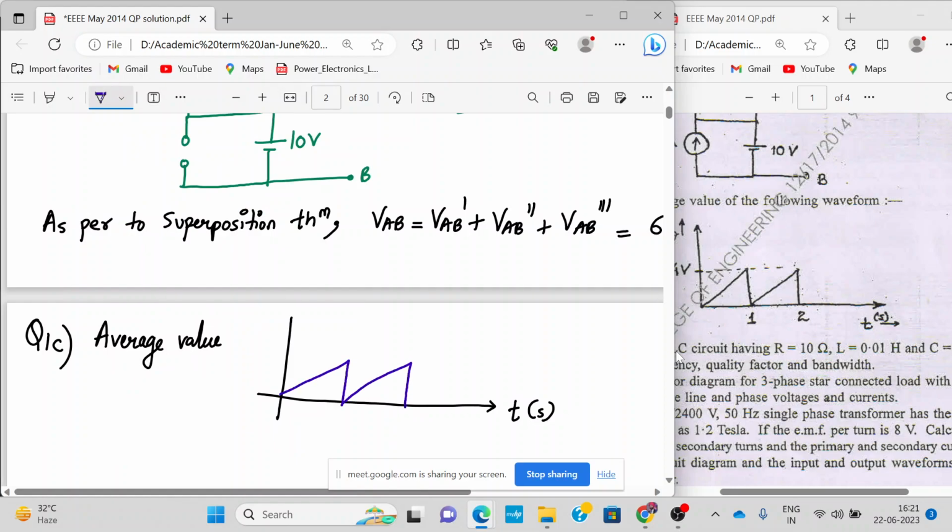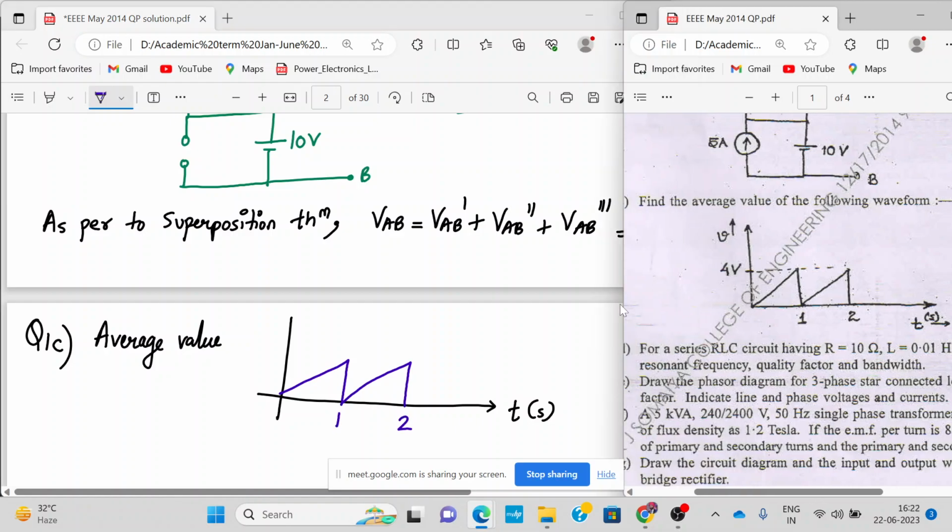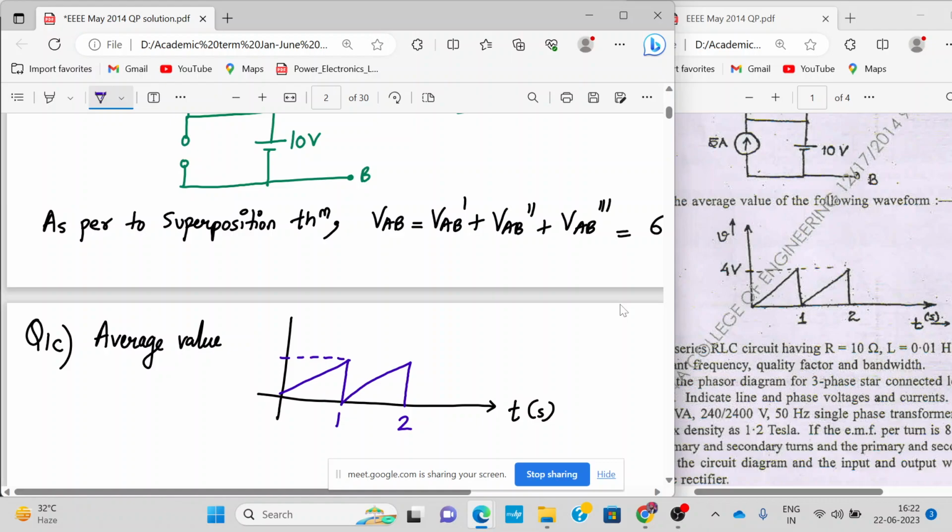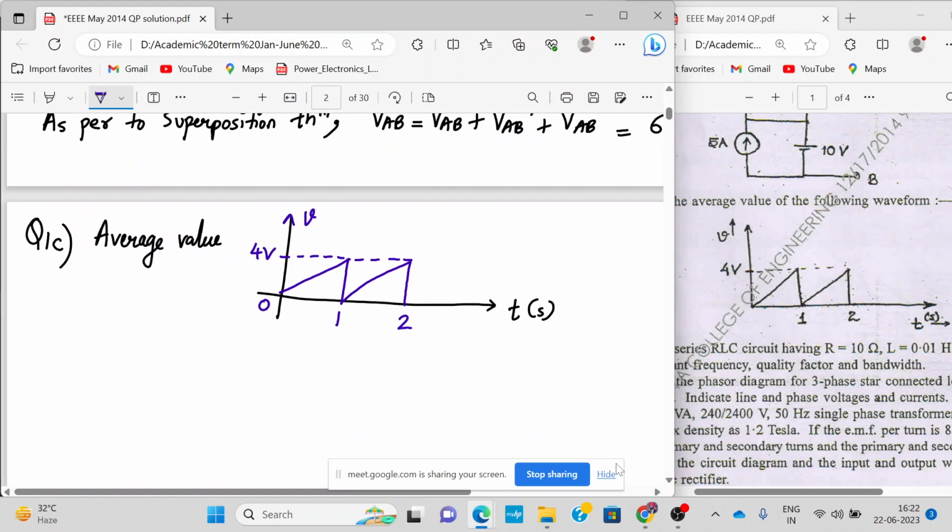This is 1, this is 2, and this is 4 volt. Height is 4 volt, and this is voltage. So tell me, how do you find the average value? I hope you all have not forgotten.